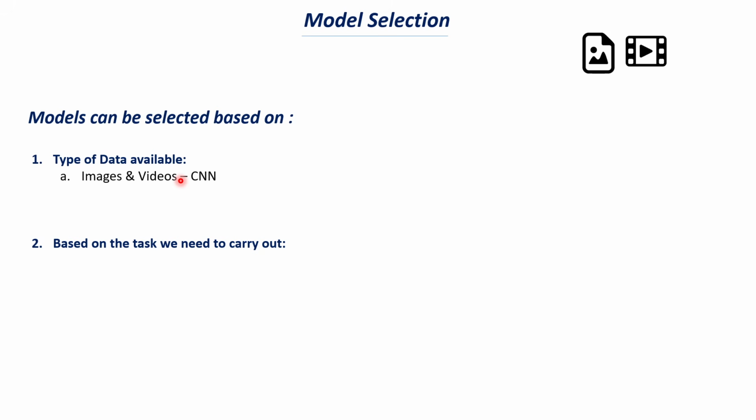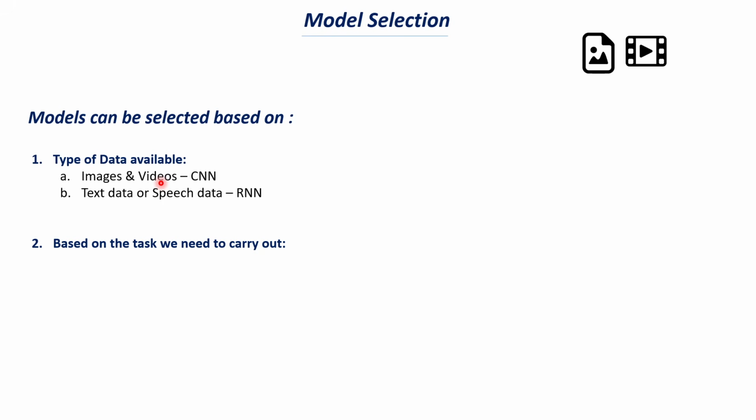CNN stands for convolutional neural networks, which are known for image recognition and computer vision tasks. Videos are nothing but several images present in frames, so for image data and video data, CNNs are the best suited models.